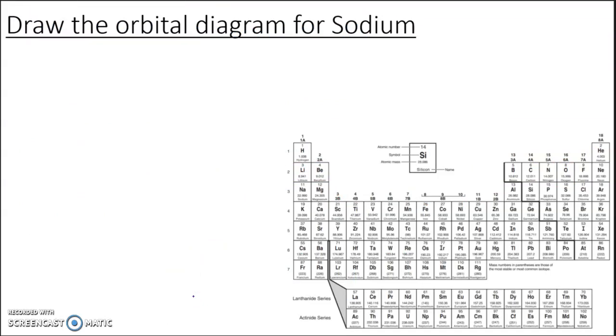Okay. Next we're going to draw it for sodium, down here, number 11. So pause the video. I want you to try and write this configuration and then draw the orbital diagram.